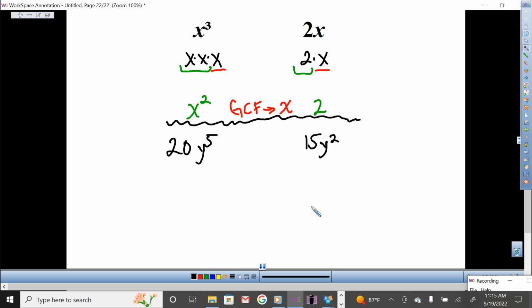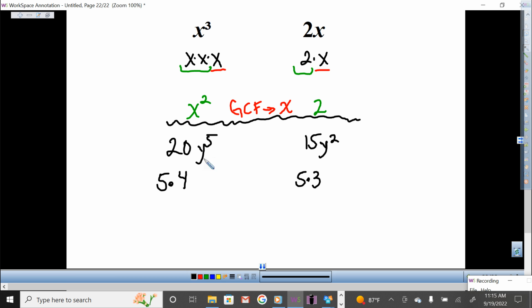Tell your neighbor, what is the GCF of 20 and 15? Once you have the GCF of 20 and 15, you rewrite that number. So that would be 5 times what? 4. And this one will be 5 times 3. So we're working just on the numbers, right?